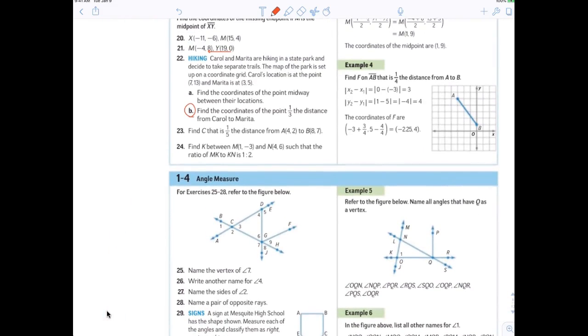So I'm just going to come over here and put M is 3,5.